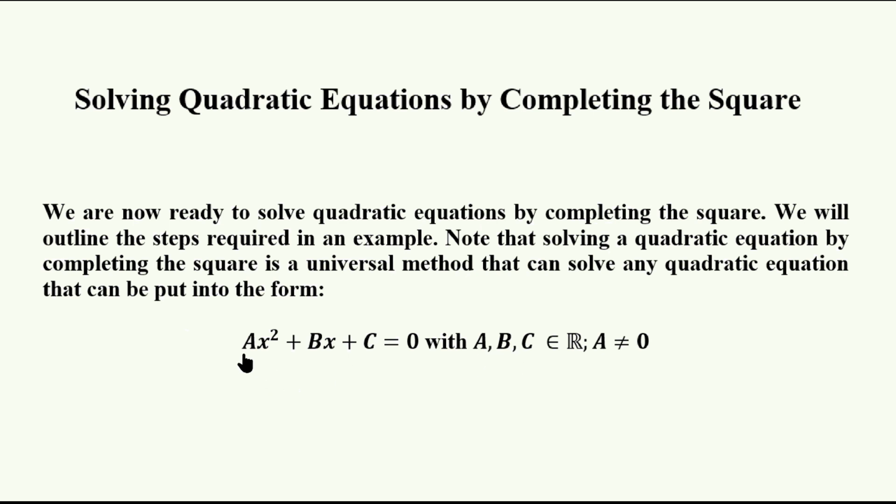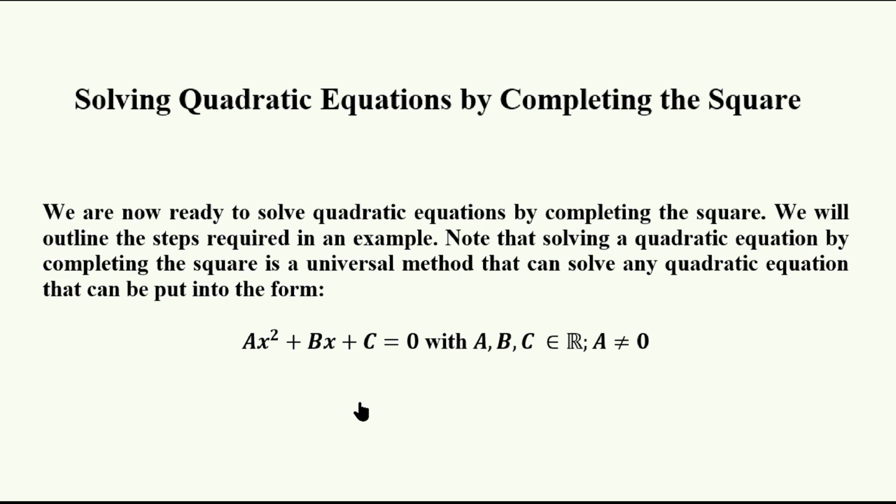Of course, you don't want a to be 0, because if it is, it just becomes a linear equation. So that's the only restriction we put on it. Some of the methods we've already learned, such as the square root property or solving quadratic equations by factoring, are only useful with very special kinds of quadratic equations.